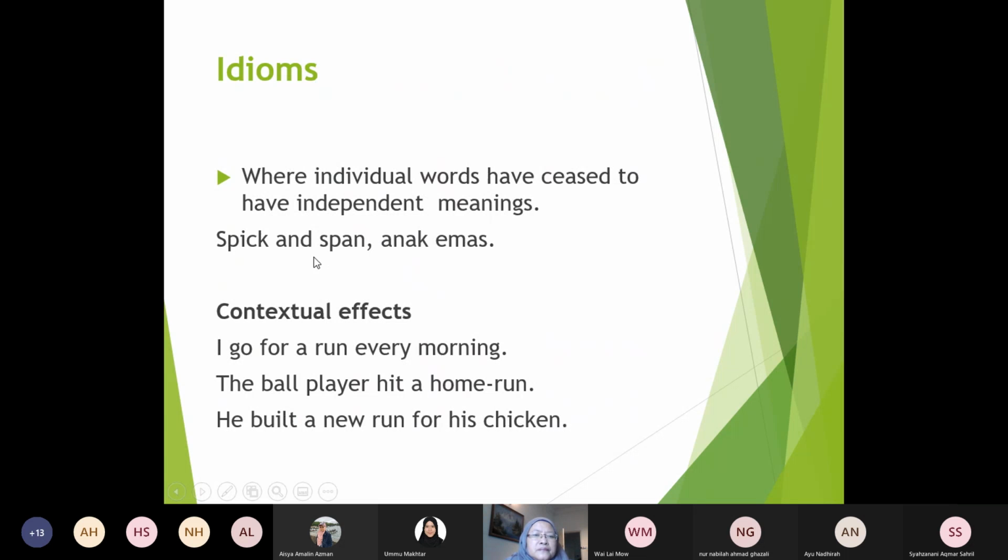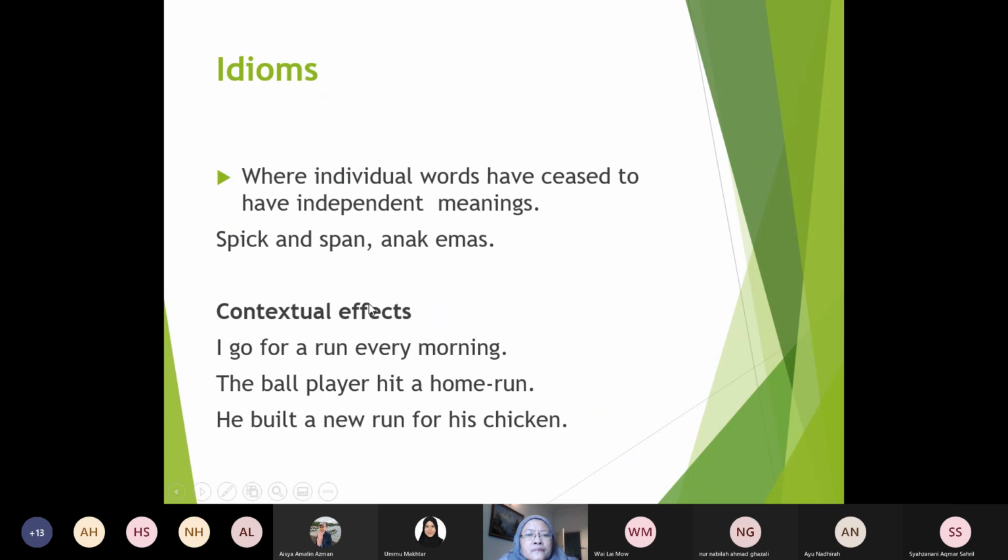It just means tidy. Anak emas, anak kesayangan. Bukan maksud bermakna daripada makna anak atau makna emas. So idioms have formed a collective meaning, a specialized meaning in that sense.